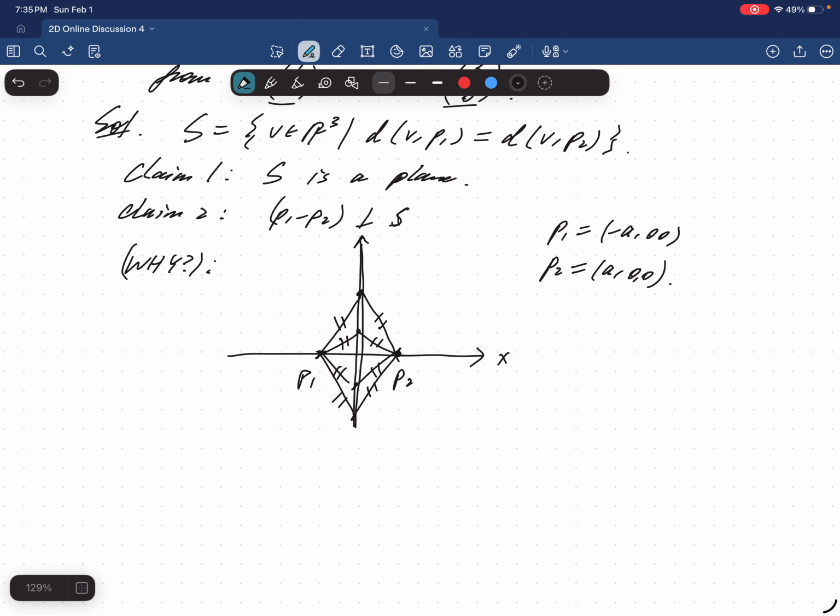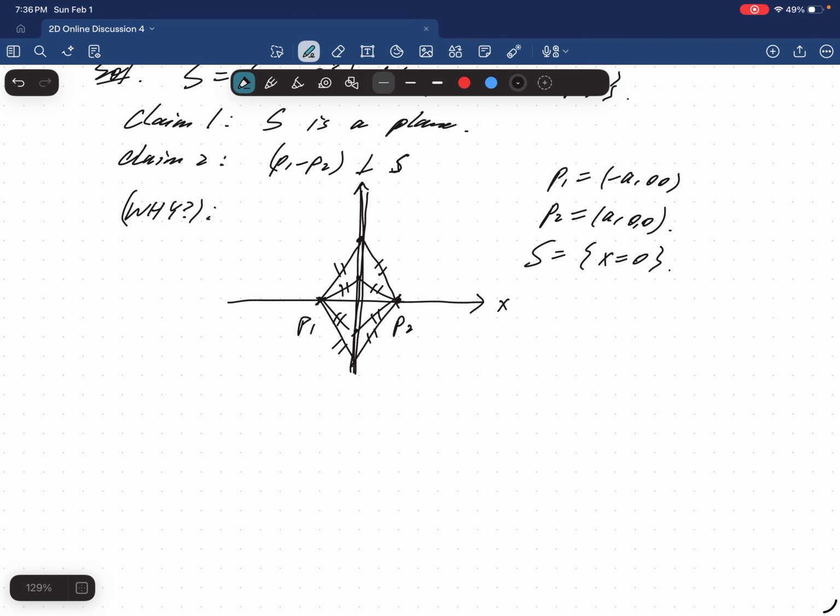But I can also go into and out of the page, right? So as a result, this is going to be just the set x equals 0. So everything that lies on the plane given by x equals 0 is going to be my set S.